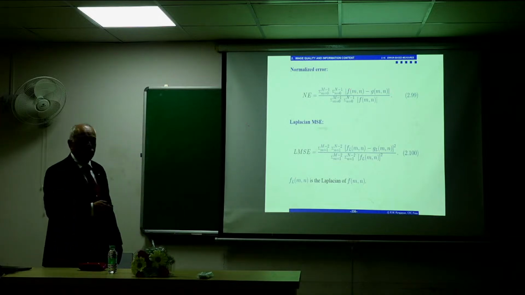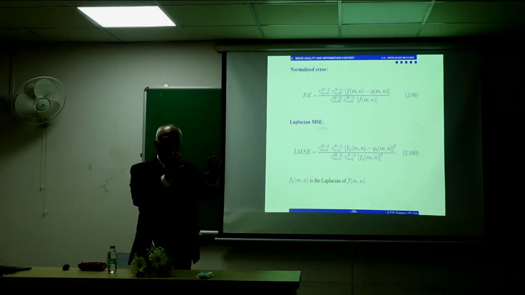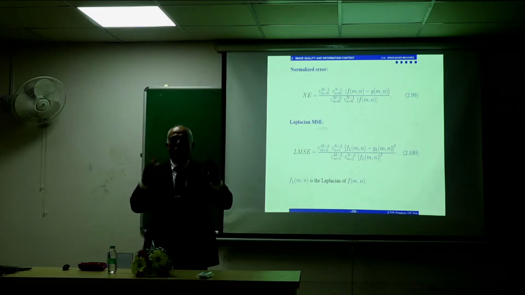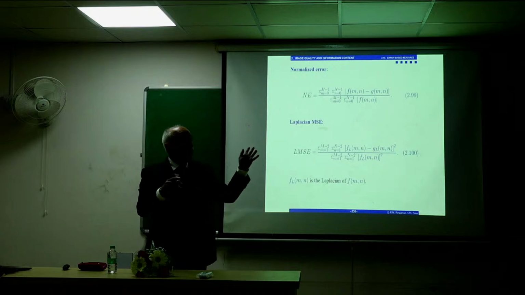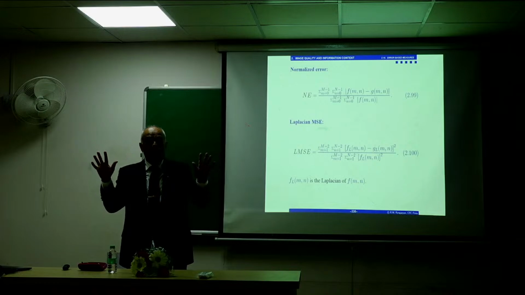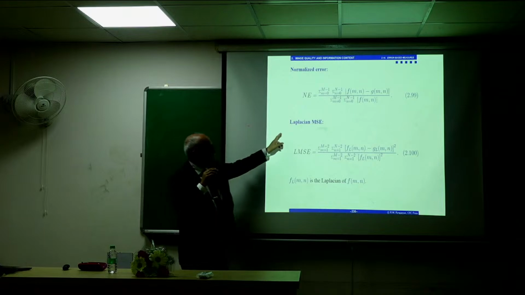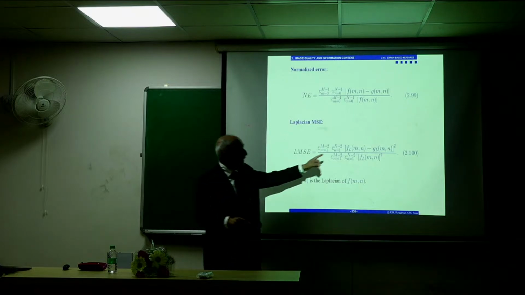Laplacian says, well, the actual values in the image could be shifted. You're comparing one image with another. Maybe it's the same scene, but I took two pictures with different light levels. The mean squared error will be very large because the intensity values are very different, but the scene is the same. So Laplacian says, don't compare the images, but take their Laplacians.